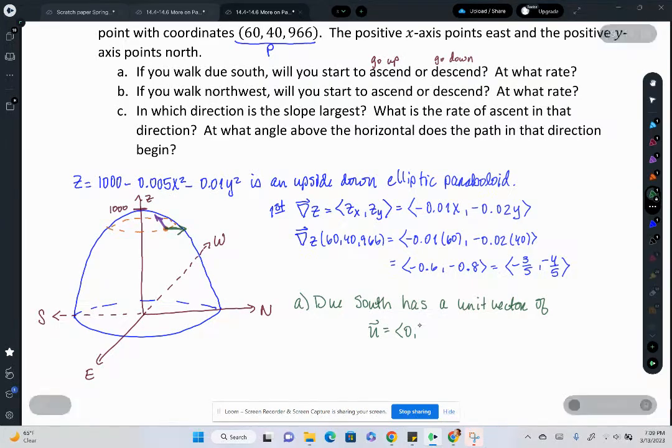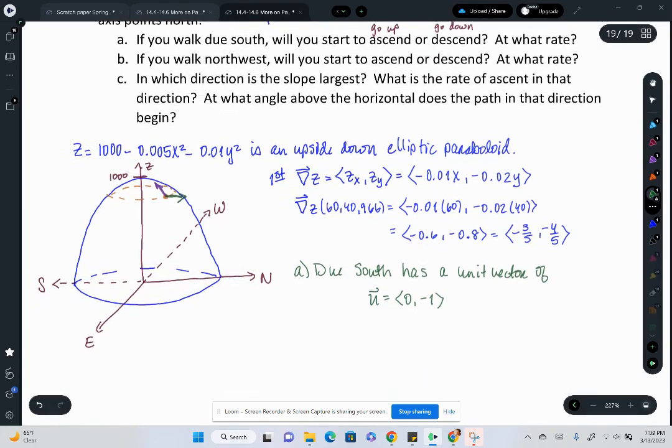And in the y direction, we're headed due south, which means going -1 on the y-axis. So a unit vector of (0, -1) would be a great representation for moving south. It's not made up. It's just taking advantage of the fact that we are traveling along one of the axes, so we may as well use a unit vector that represents the axes. So u equals (0, -1) is my unit vector for due south.